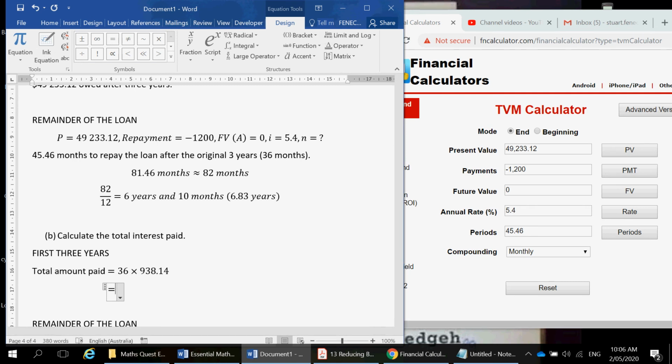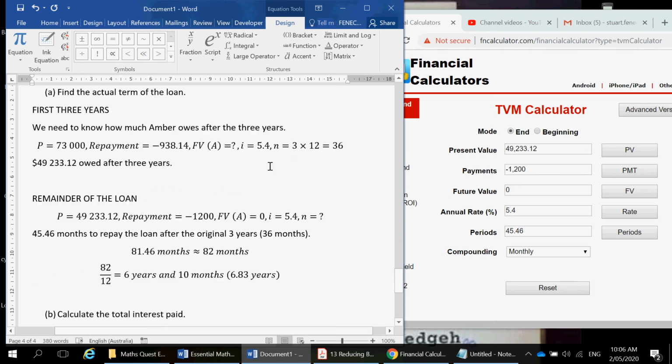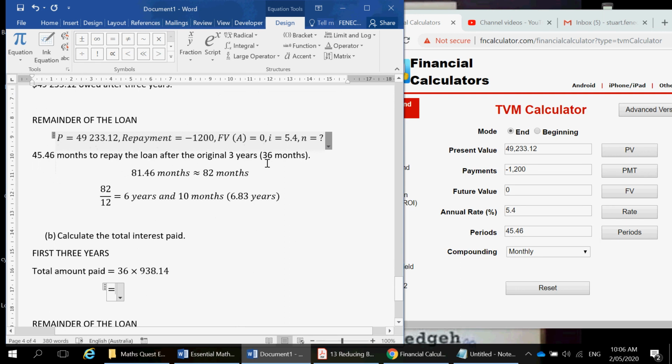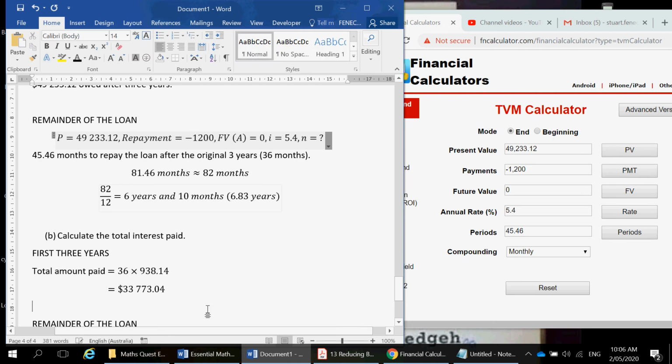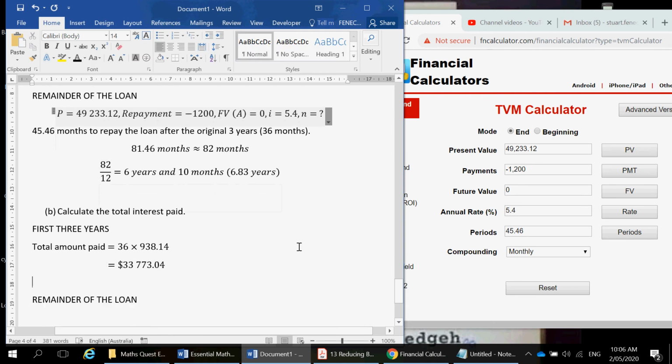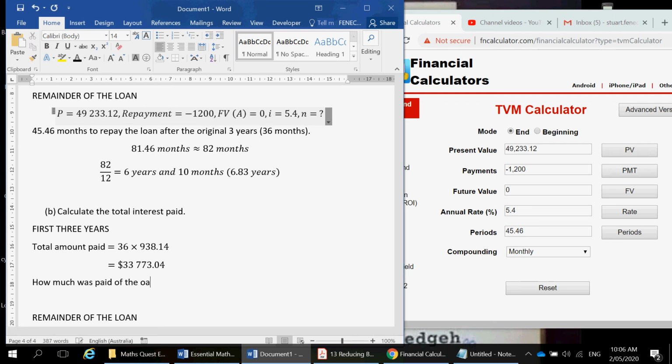The total amount paid, $938.14 times 36, and it will tell you that Amber paid $33,773.04 in those first 3 years. But you also then need to know, but hang on, how much was paid of the loan?